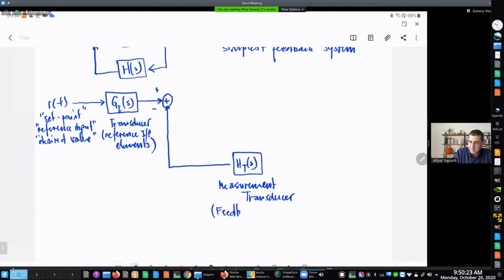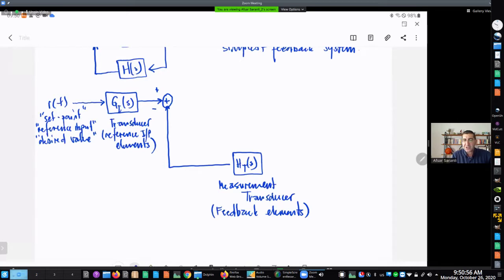So, feedback elements. This block consists of everything that is used to convert somehow the outputs into something that is compatible with the converted version of the input. Okay, so if you see here, there is the comparator device, which is the subtraction here. Remember, in order for variables to be subtracted here, they need to be of the same physical representation.